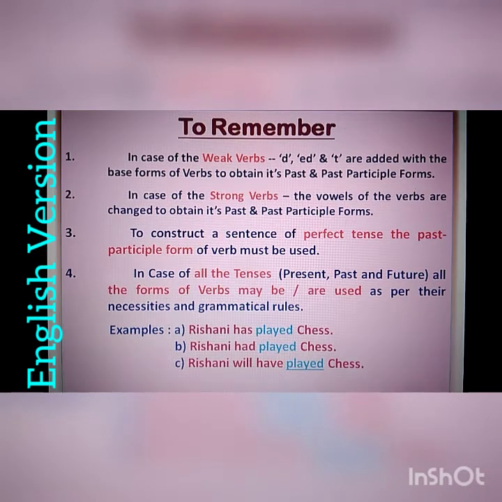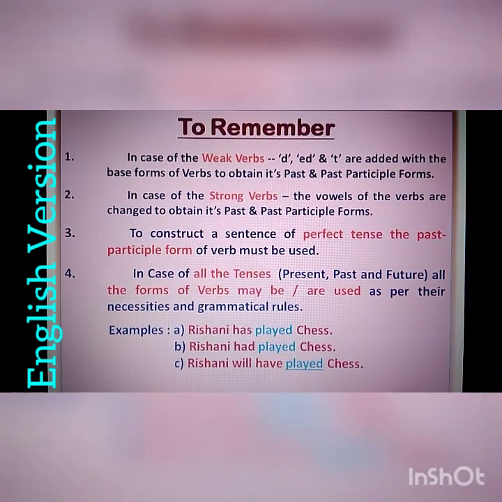Now, number three, the newer one, which we have to remember: to construct a sentence of perfect tense, in all the tenses, always the past participle form of the verb must be used.